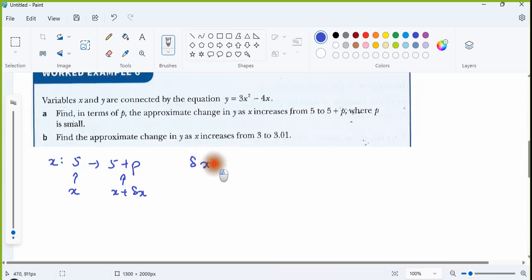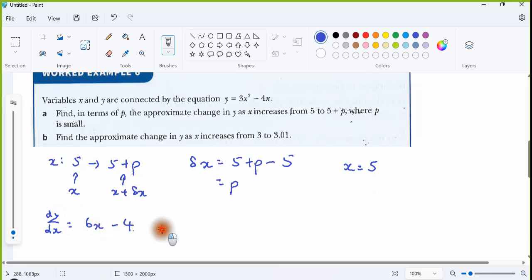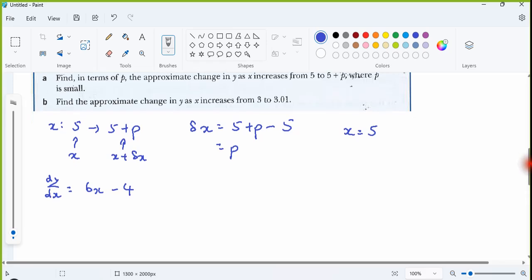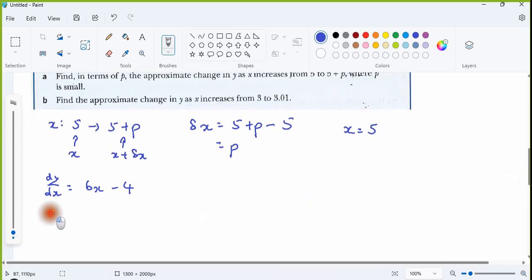If we want to find del x, it's 5 plus p minus 5, then it is p. And x is equal to 5. So we have dy/dx is 6x minus 4.